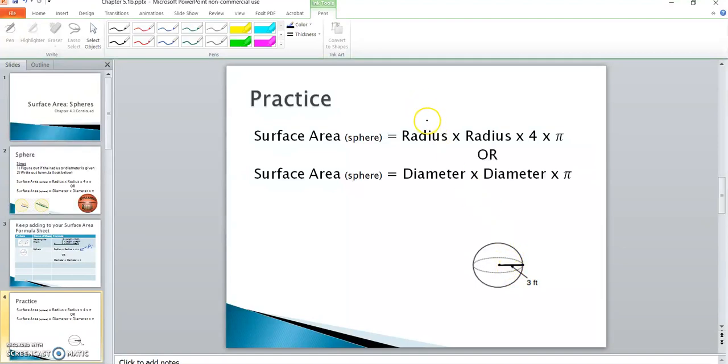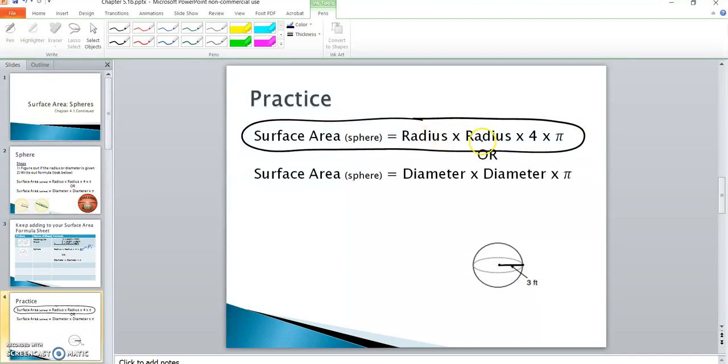So that means that we're going to be using our first one that has radius in it. So it's going to be the radius, which is 3, times the radius, which is 3, times 4, times pi.